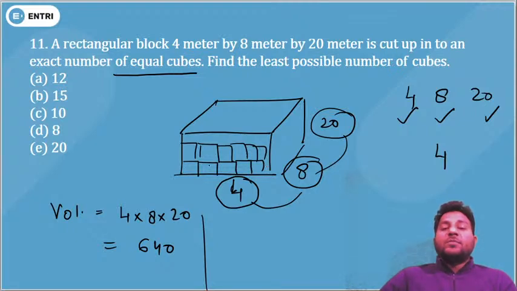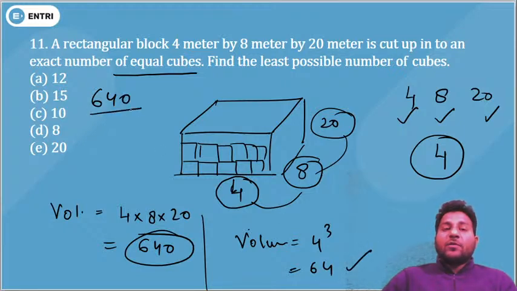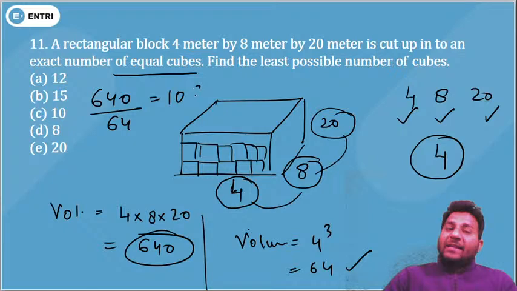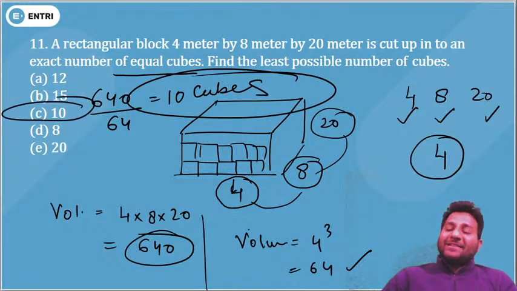So if the cube side is 4, all the dimensions will be equal. The volume of a cube of side 4 meter will be 4 cube, which means 64, and your volume is 640. So one cube's volume will be 64. That means you can put 10 cubes. So your option C is the correct one.